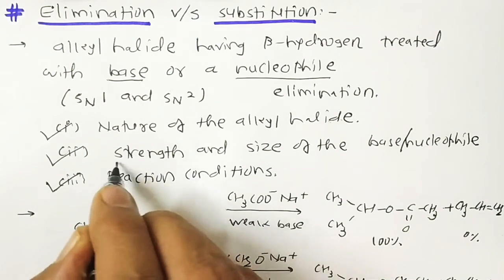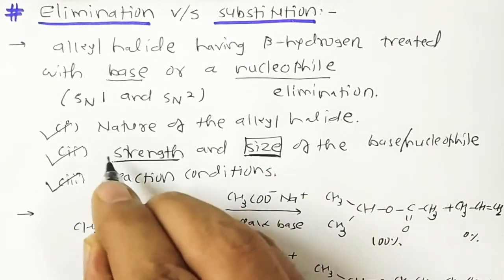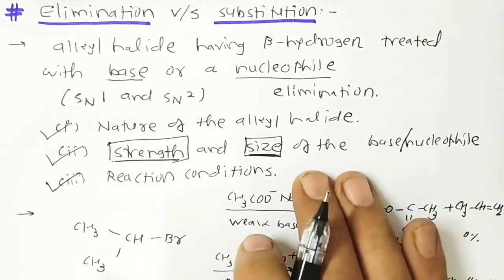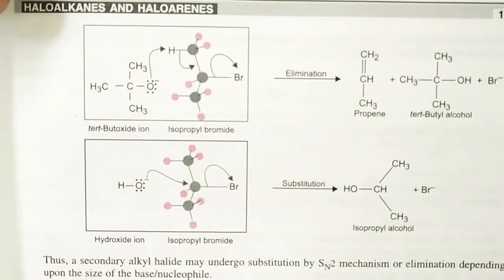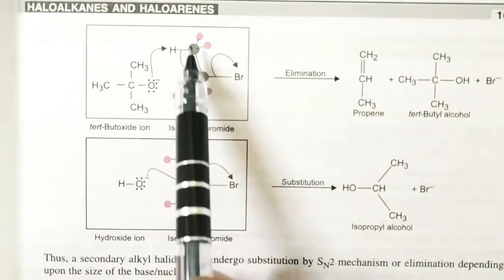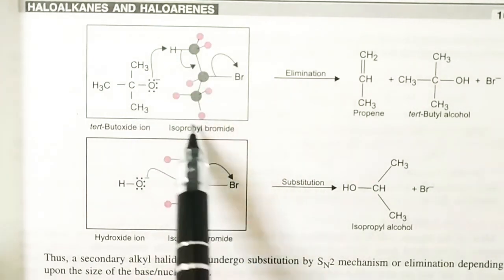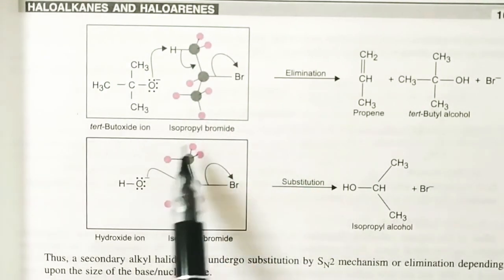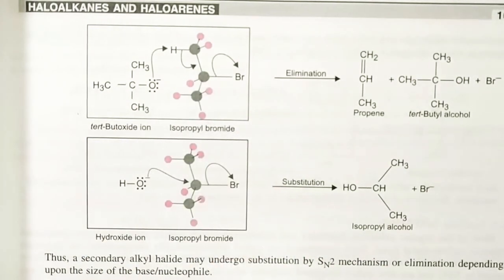Same way, number 2 is the strength and size. Firstly we focus on size, then on the strength of the base and nucleophile. I can explain with an example: your compound is CH3CHBrCH3, 2-bromopropane, which is isopropyl bromide and secondary in nature.